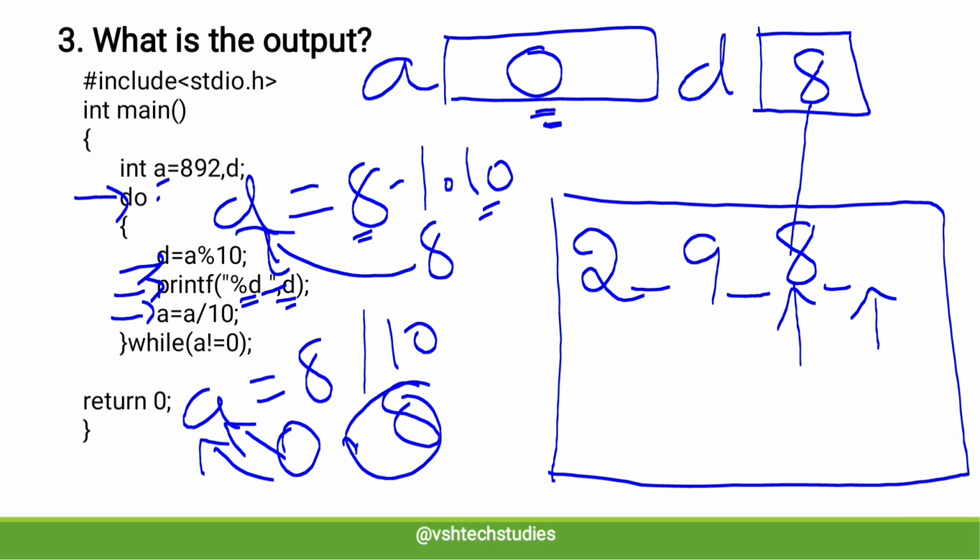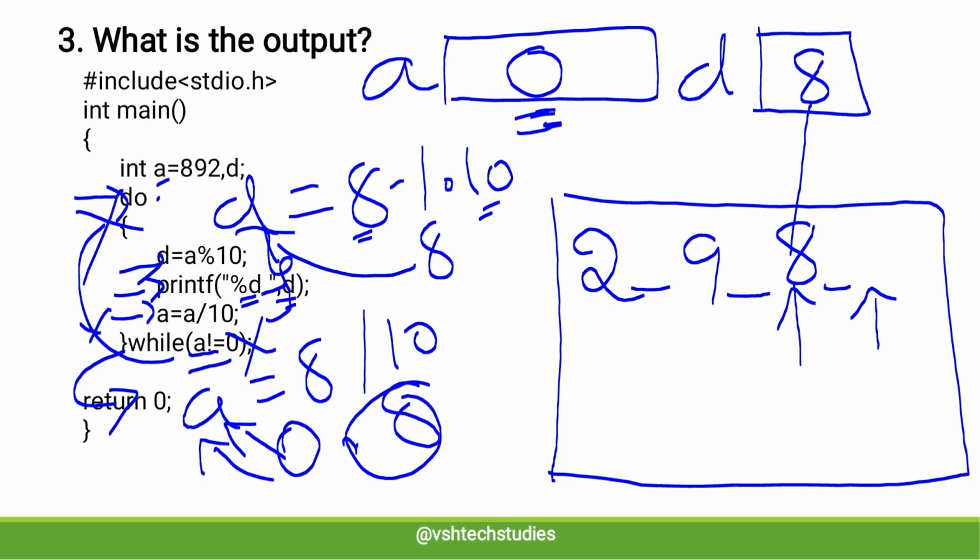After these three instructions are executed, the condition is checked: A is not equal to 0. A is 0, so A is not equal to 0 is false now. Hence the control will not go back to the execution of the do while loop. It goes out of the loop to the next statement, that is, the program end.